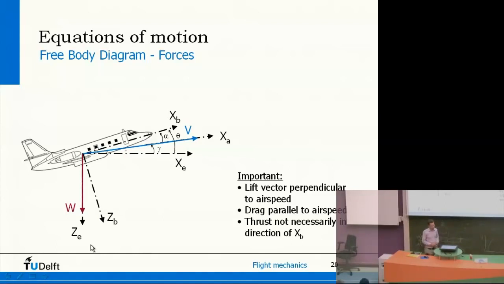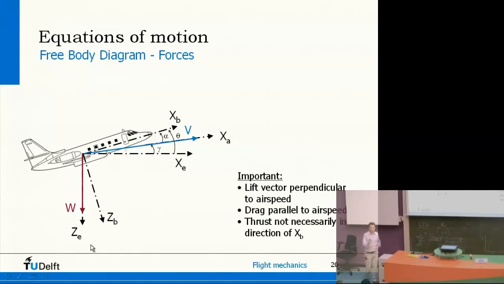Aircraft weight is quite obvious, I guess. But now let's have a look at the lift vector. And lift is by definition always perpendicular to the airspeed vector. So that's something to pay attention to, because in most courses you just consider horizontal flight, and then lift is pointing upwards.